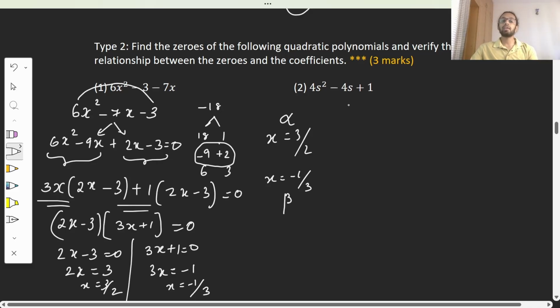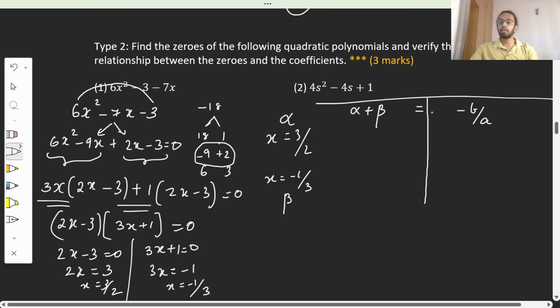Now, when it comes to verification, how do we verify whether the answer that we have got is right or wrong? One is, as we saw in the previous concept, alpha plus beta and minus b by a should be the same. Please use this line of separation. Let us not put equal to in the very beginning, because we need to prove whether they are equal or not.